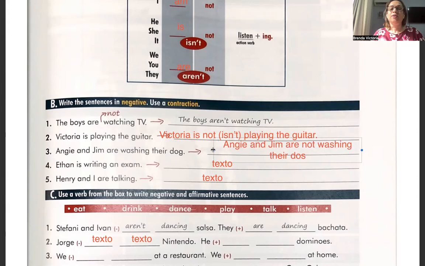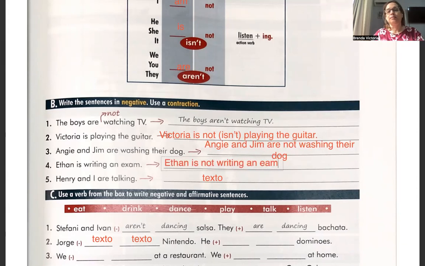And as I told you before, you could say are not watching or aren't watching their dog. Okay, number 4, Ethan is not writing an exam, or isn't.